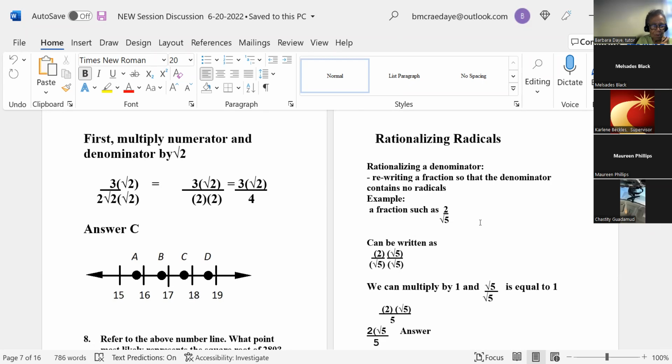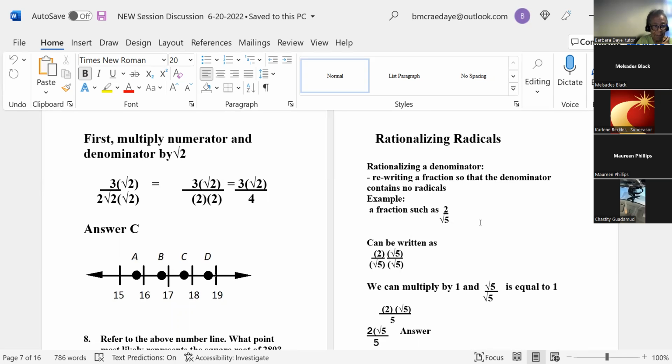Rational numbers are numbers that get written as A over B. Irrational numbers, a really popular one is pi, 3.1416, et cetera, and it cannot be written as A over B. So when we rationalize a denominator, we want to change it from a radical to a rational number, and the way we do that is to multiply the radical by a radical.